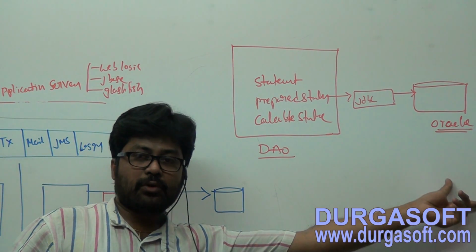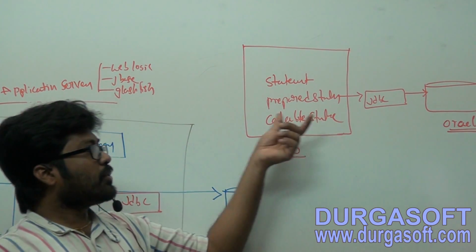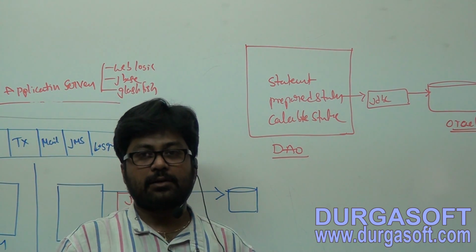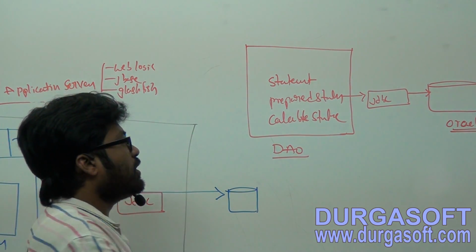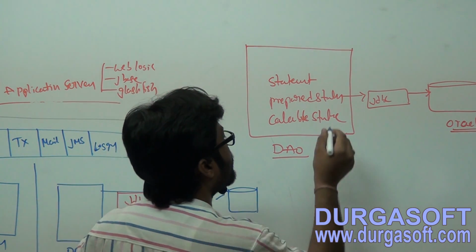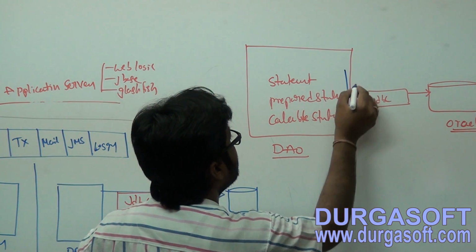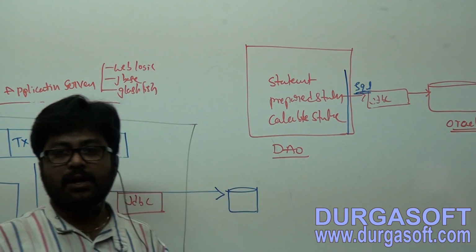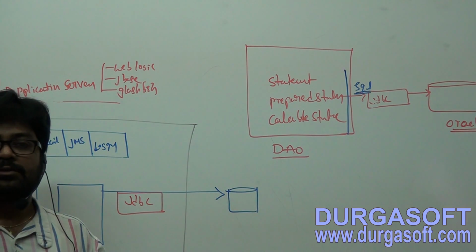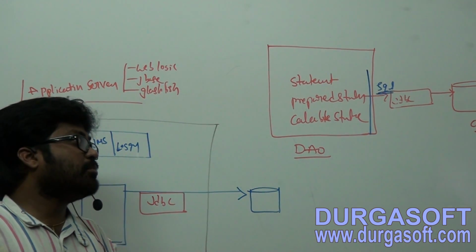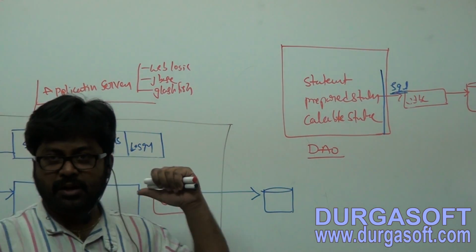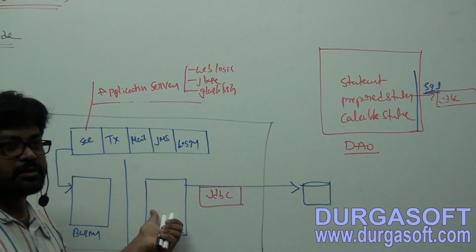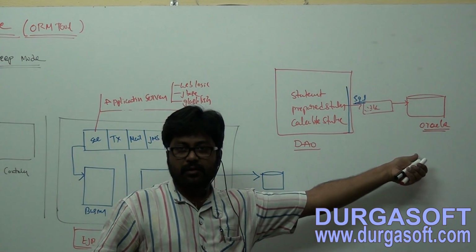If I try to process any SQL query from here, that SQL query must be understood by your database. So if I write database queries in this DAO part of a complete enterprise application, those are related to Oracle.